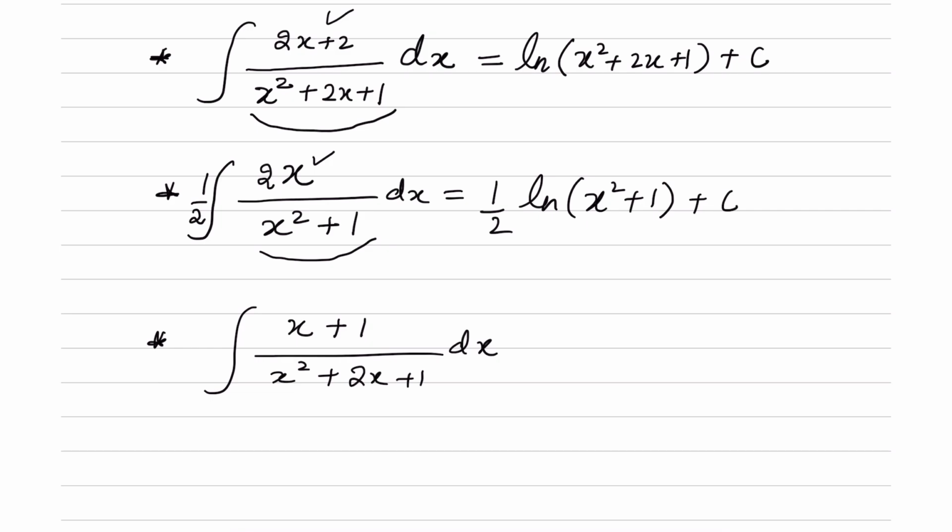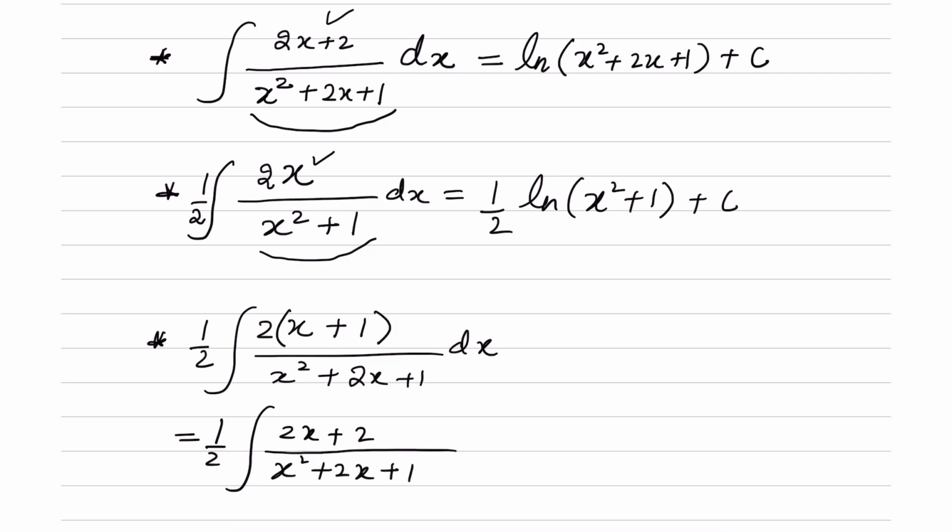It should be in the numerator, but in the numerator we have just x plus 1, but we need 2x plus 2. What we can do is, we can multiply and divide by 2. So it becomes 1 over 2 times 2x plus 2 divided by x square plus 2x plus 1 dx. Now we can see that in the denominator we have x square plus 2x plus 1, and its derivative, which is 2x plus 2, is in the numerator.